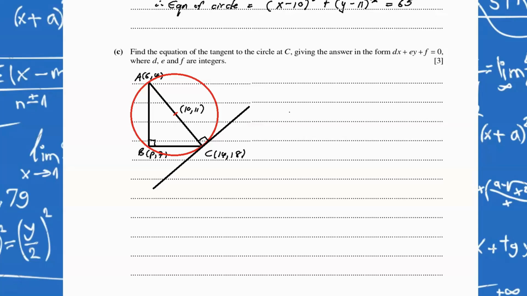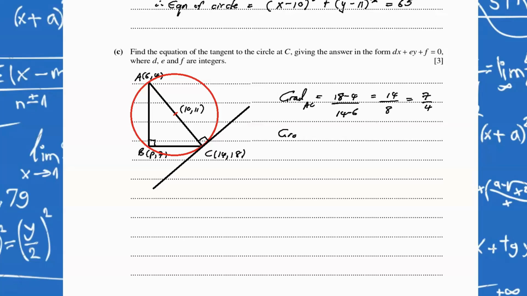If we find the gradient of AC, it will help, which is 18 minus 4 over 14 minus 6, which is 14 over 8, and that's the same as 7 over 4. So that's the gradient of AC.